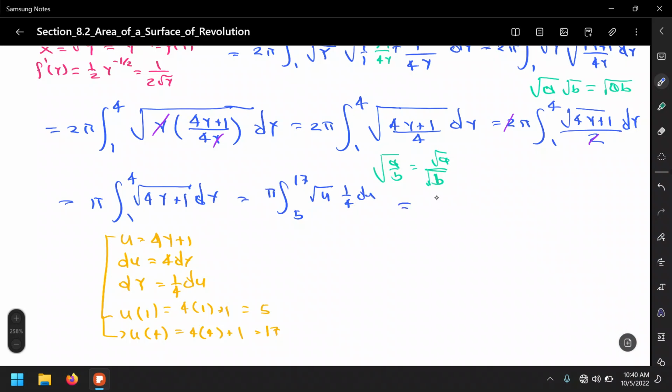Let's take out the pi over 4, the 1/4 multiplying with pi. That's the integral from 5 to 17 of the square root of u du.